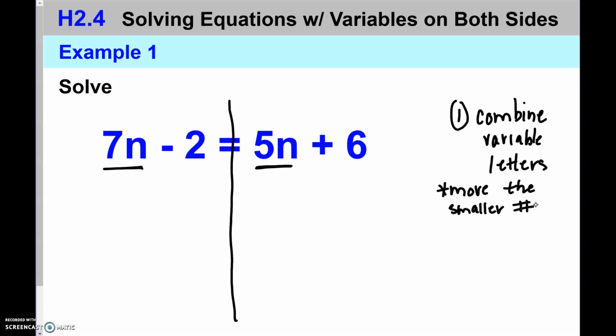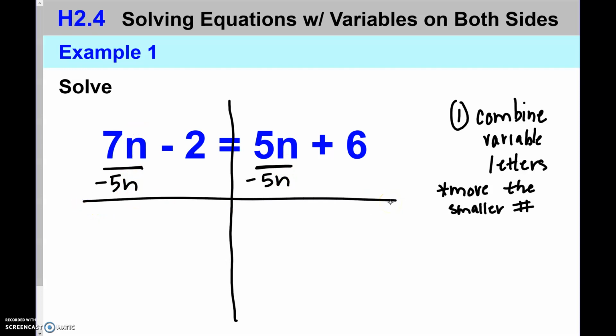Because this is a plus 5 and it's on the opposite side of the equal sign, I'm going to do the opposite operation and subtract 5N from both sides. Make sure you put it under its like term, so 5N is with 7N.